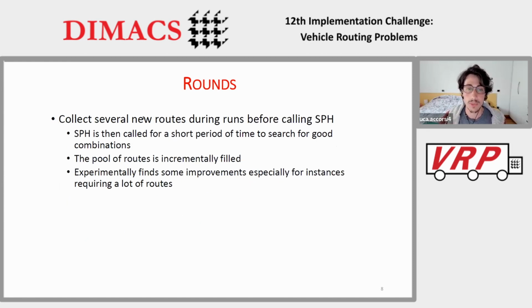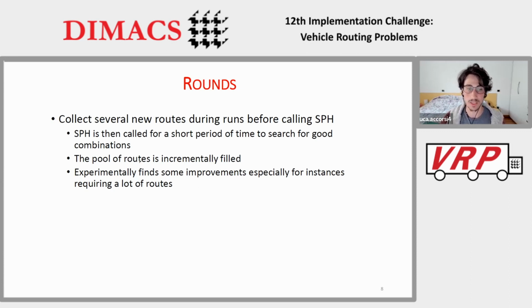We also want to make sure that we are calling SPH when there is some space for improvement. So when we have collected enough new routes, then we call SPH, which of course has some overhead, even though it's a fast algorithm. SPH is called for a short period of time, and we hope for the best.